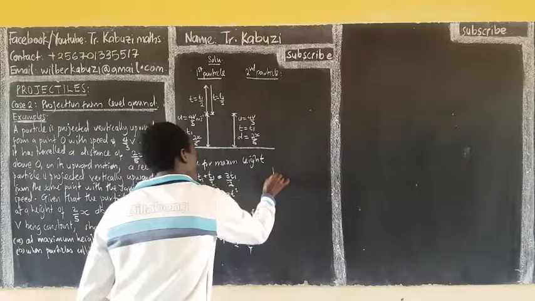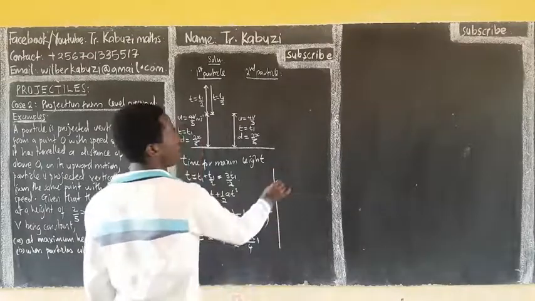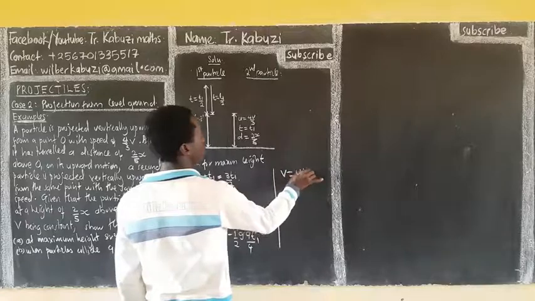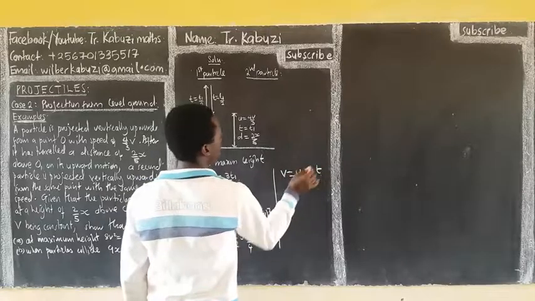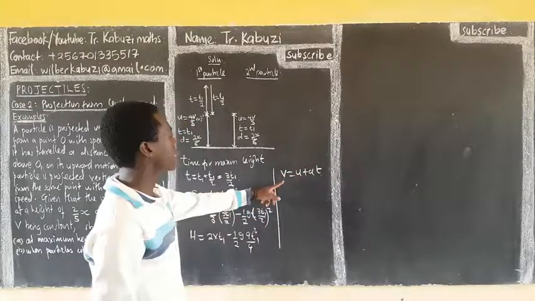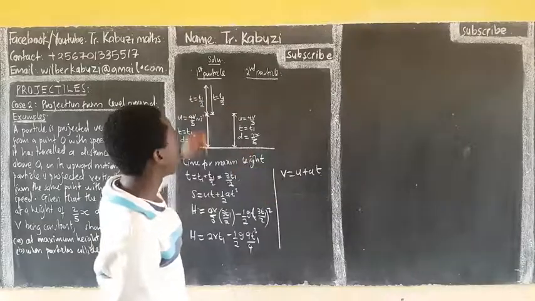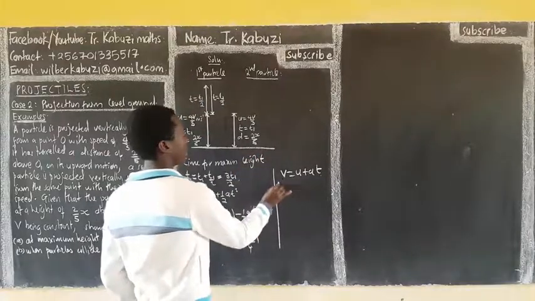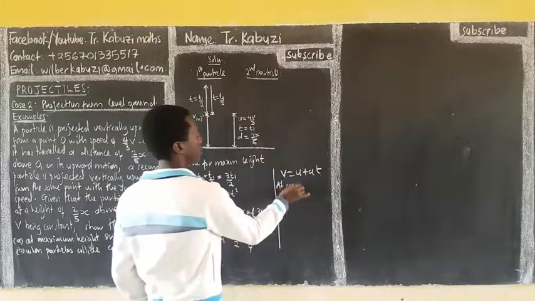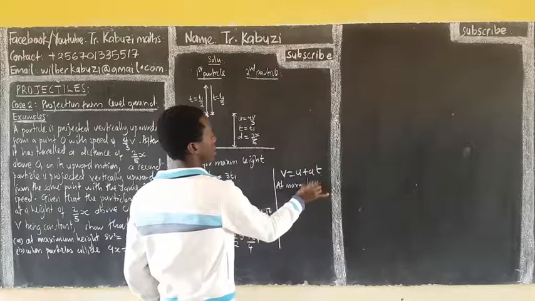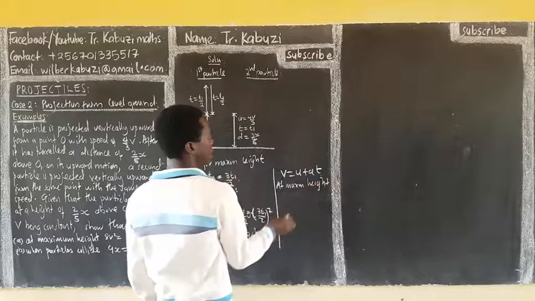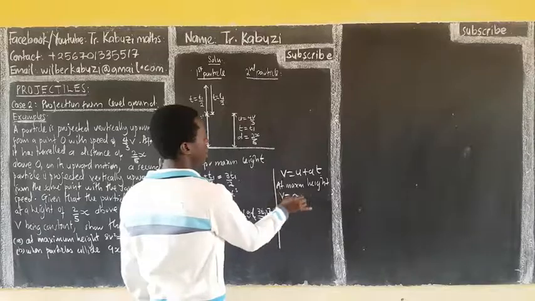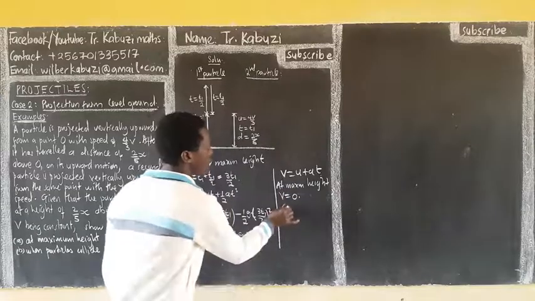Now, for our t1, you know that v is going to be equal to u plus at. At maximum height, this v is going to be 0. So putting it there, we have 0.